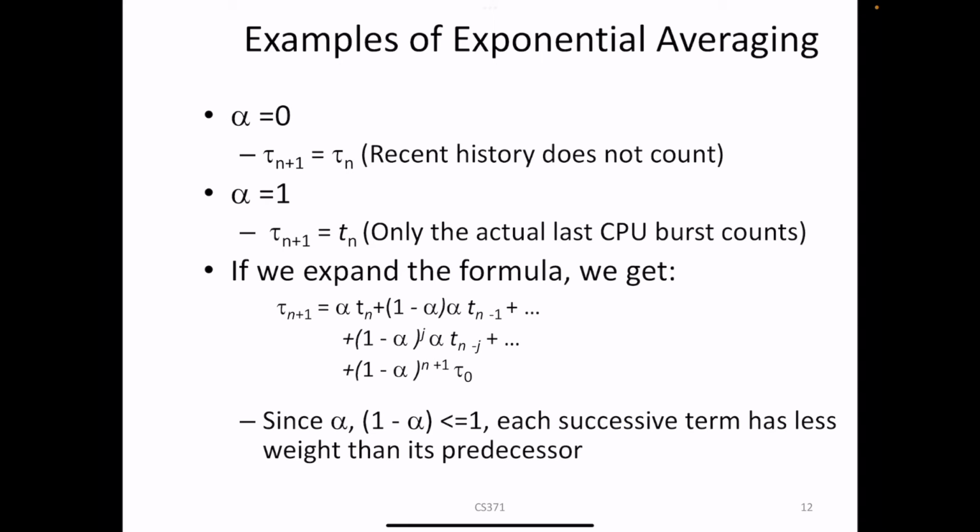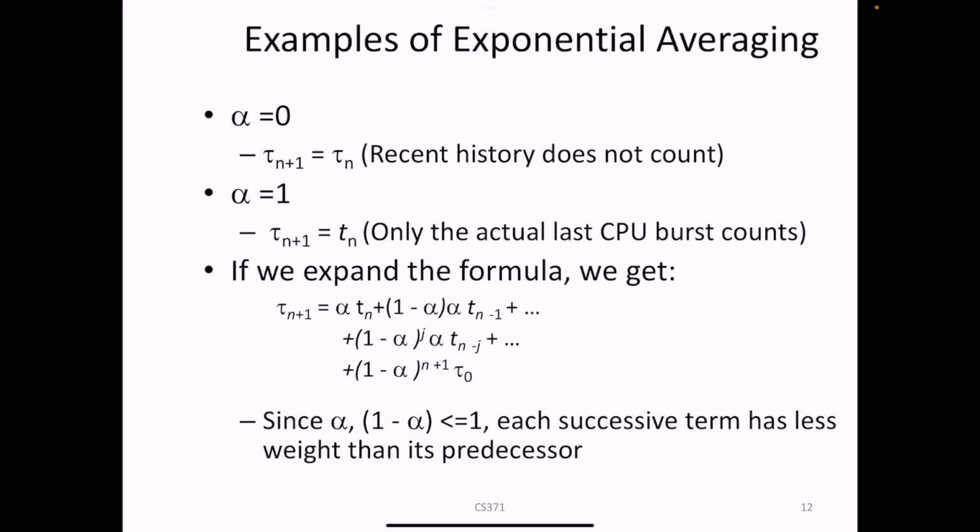In this slide, let's first see two extreme cases. In the first case, alpha is set to 0, then tau n plus 1 equals tau n, which means recent history does not count. The next predicted CPU burst length only depends on the previous predicted length.